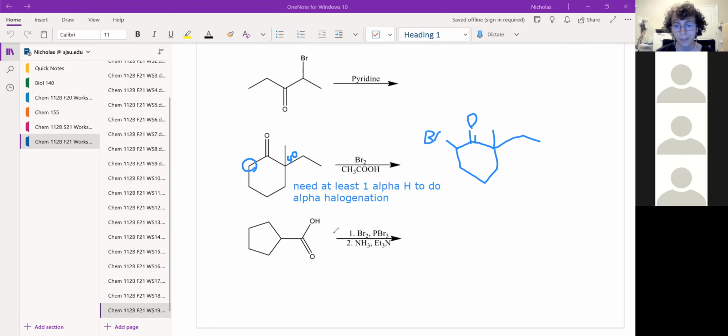This next one is fairly similar to the Hell-Volhard-Zelinsky reaction. It's just that the second step has NH3 and triethylamine instead of water. So I'm going to skip to the point where we have that intermediate with the acid bromide, and we've put a bromine on the alpha position.